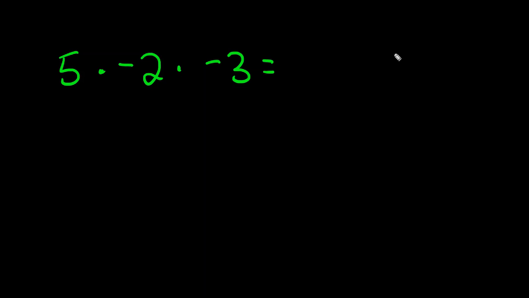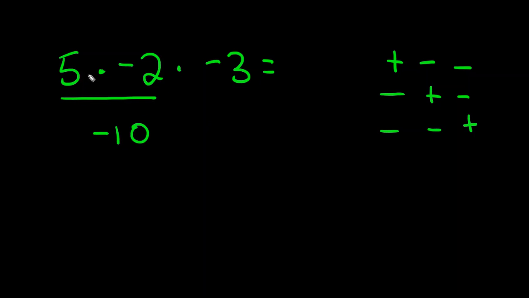Again, our tic-tac-toe board, we have our positives on the diagonal surrounded by negatives. Let's take this one piece at a time. 5 times a negative 2 is going to be a negative 10, because a positive times a negative is negative. Then I have a negative 10 times a negative 3. Negative times a negative is a positive. This becomes a positive 30.